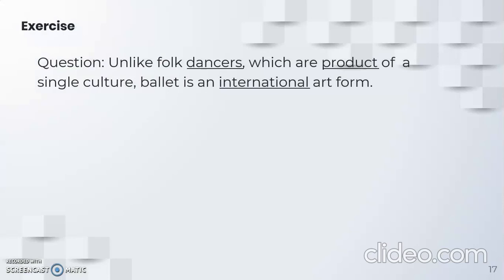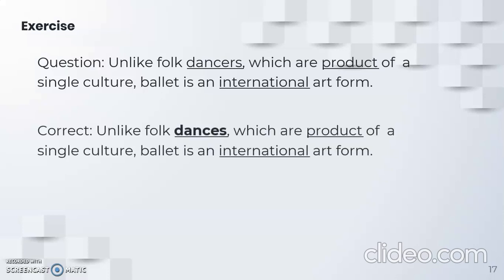Okay, well, here I have one question. Unlike folk dancers, which are product of a single culture, ballet is an international art form. If you think about which one is the incorrect word, so we try to analyze.